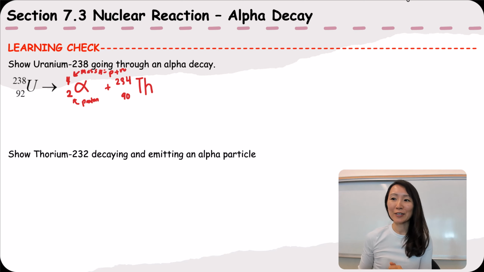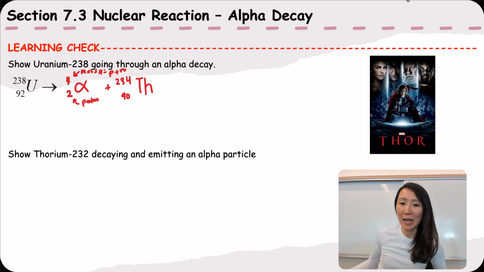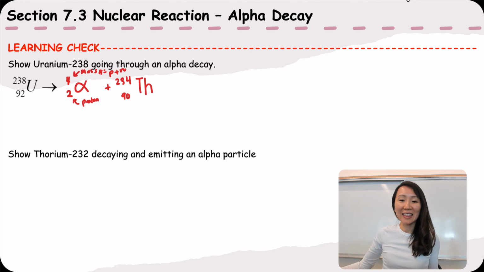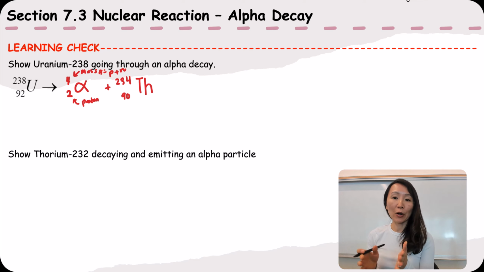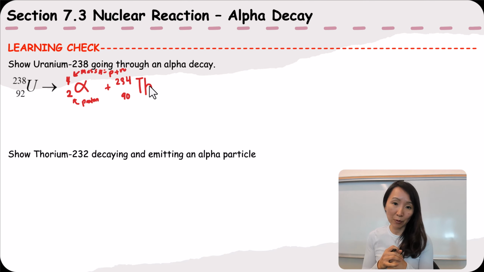Not sure if Thor from the movie Thor came from thorium. Who knows? Anyways, this alpha particle has been taken out from an unstable nucleus, uranium, and it formed into thorium. So this is less unstable. It means that it is stable in comparison to uranium.